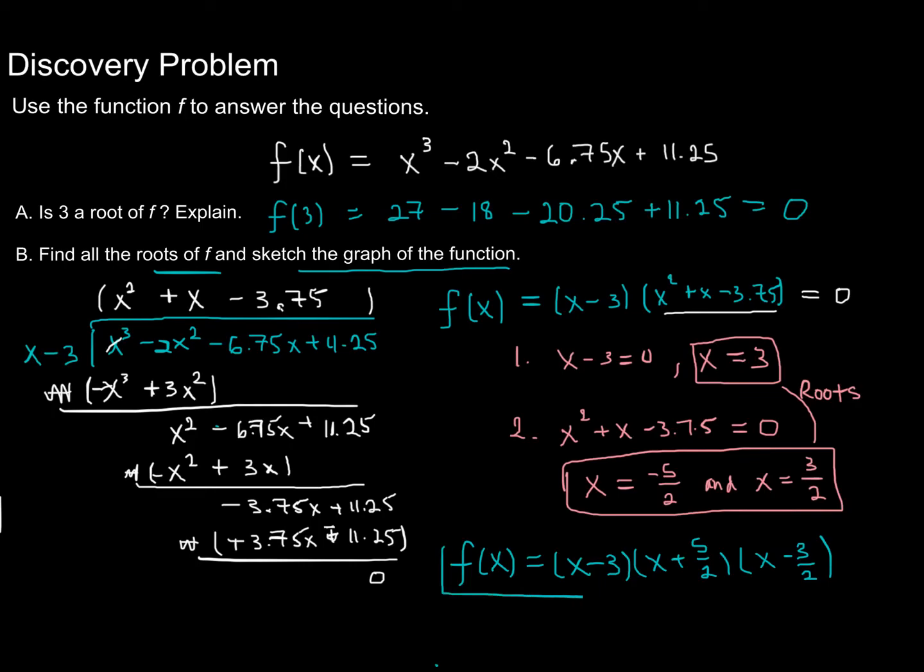That's my fully factored form, and now I can use this to go ahead and sketch a graph of the function, making a sign chart to find out what's in between each of the roots using the end behavior of a cubic with a positive leading coefficient. And I could also use the shortcut of noticing that each of these factors is multiplicity 1, which means they're going to cross over the x-axis at the roots given by each of these linear factors.